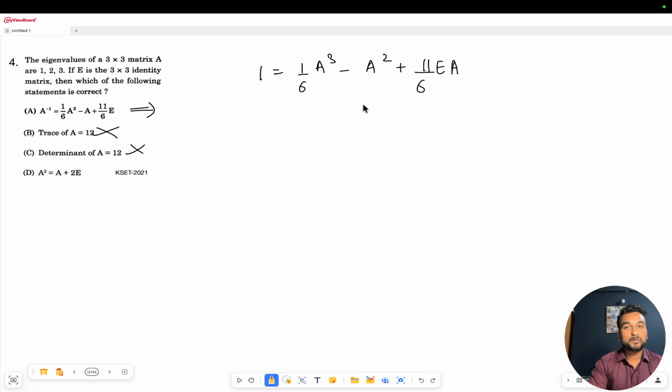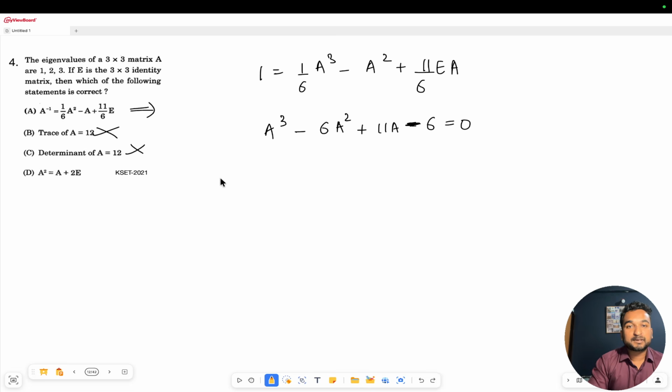Okay, and just take the LCM 6. So what we will get? A cube minus 6A square plus 11A equals to 6. Take that 6 on the left hand side, it will be minus 6 equals to 0.